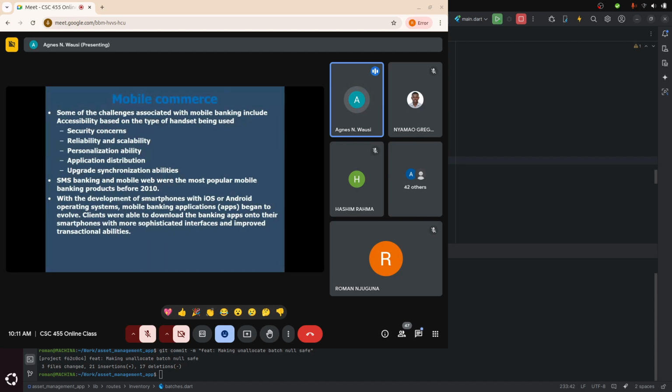Reliability and scalability, sometimes you may find that this is associated to some extent. I think the guys who are telling us about their challenges on mobile development in their projects. Yeah. Depending on the gadget, sometimes you see it is working on this gadget, it is not working on this gadget.